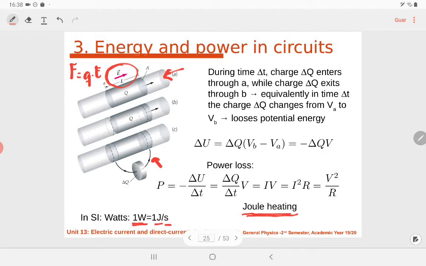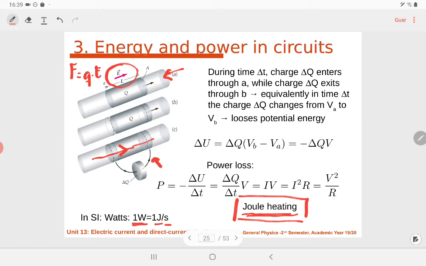This vibration is really heating. So what is happening here is that this flow of charges, this electric current through the wire, can also be seen as a conversion of electric energy into a different type of energy, which is heat. This is what we call the Joule effect or Joule heating, and it is the basis used in the common ceramic stoves that you might have at home to cook.